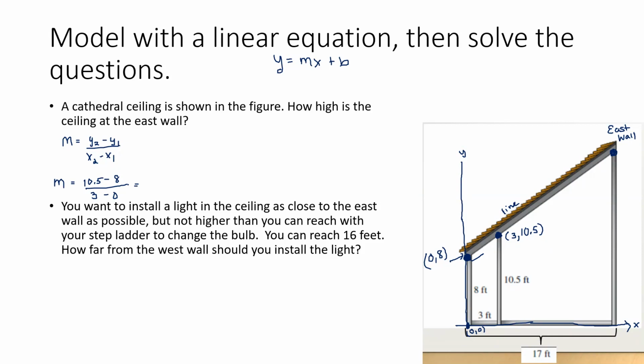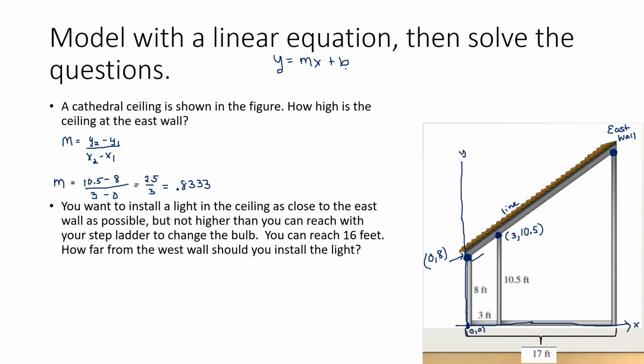So that gives me 2.5 over 3. And I definitely prefer decimal, and so I divide that out, and I have 0.83 repeating, and WebAssign often asks us to use 4 decimals, so I'll go with 4 decimals for my slope.